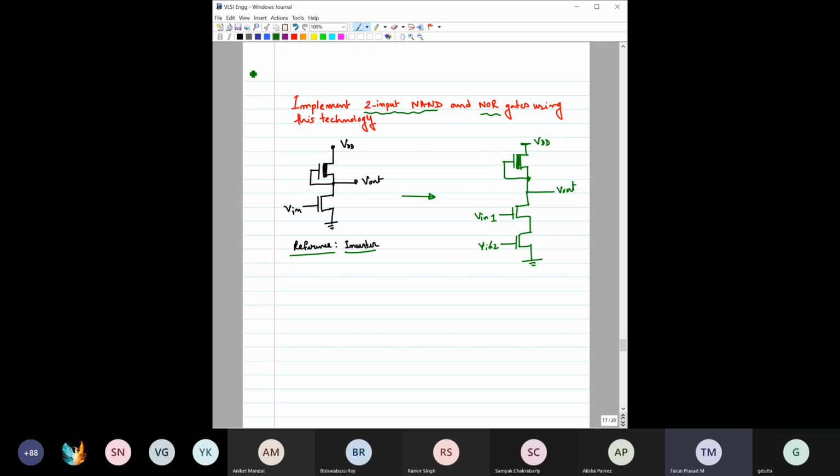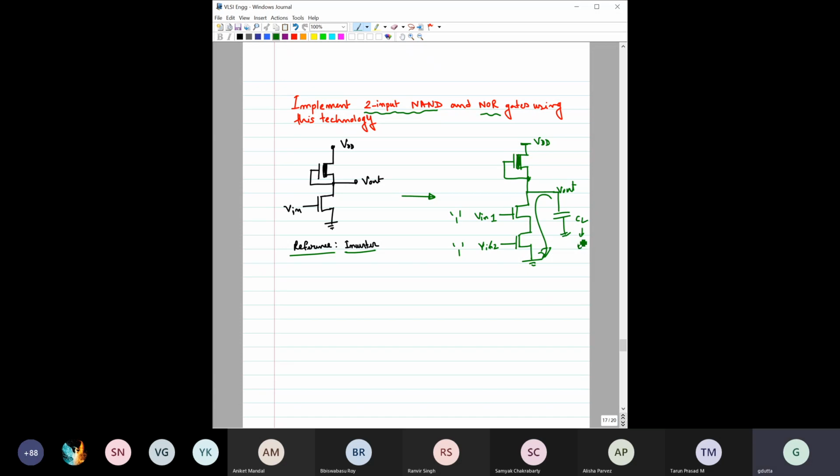Because for NAND, only when both the inputs are 1, the output is 0. When both inputs are 1, 1, the load capacitor gets a path to discharge and makes this voltage go from VDD to 0.